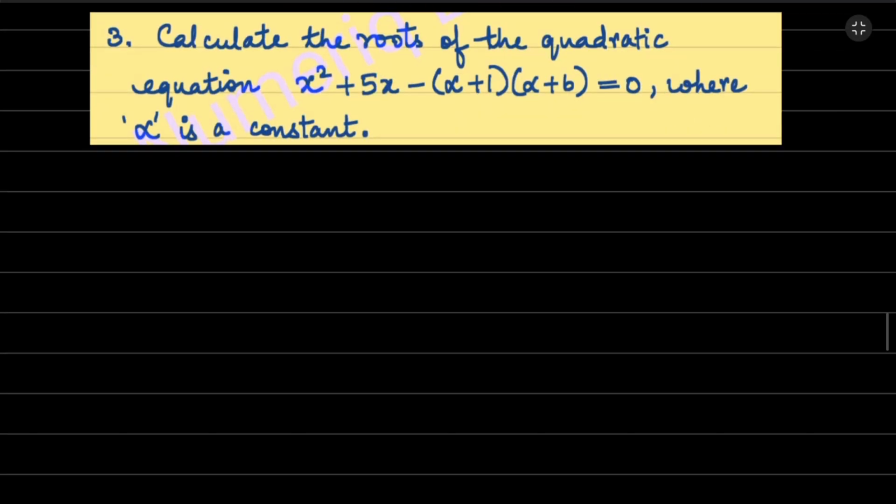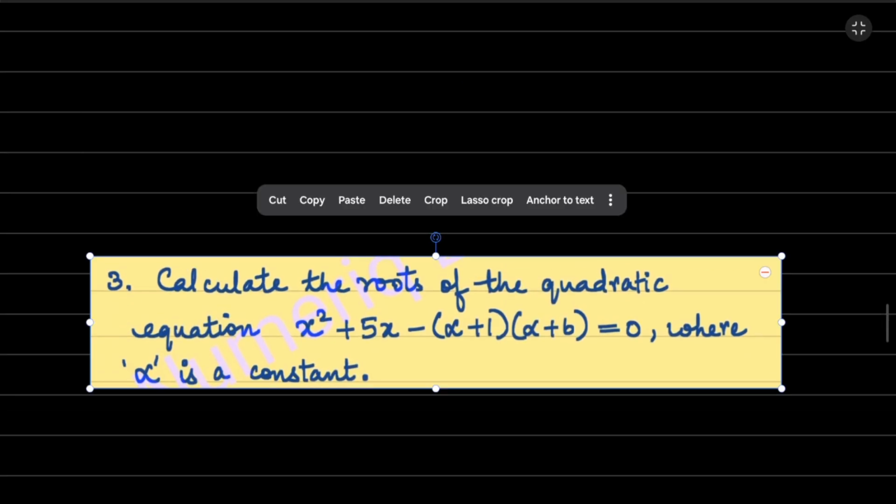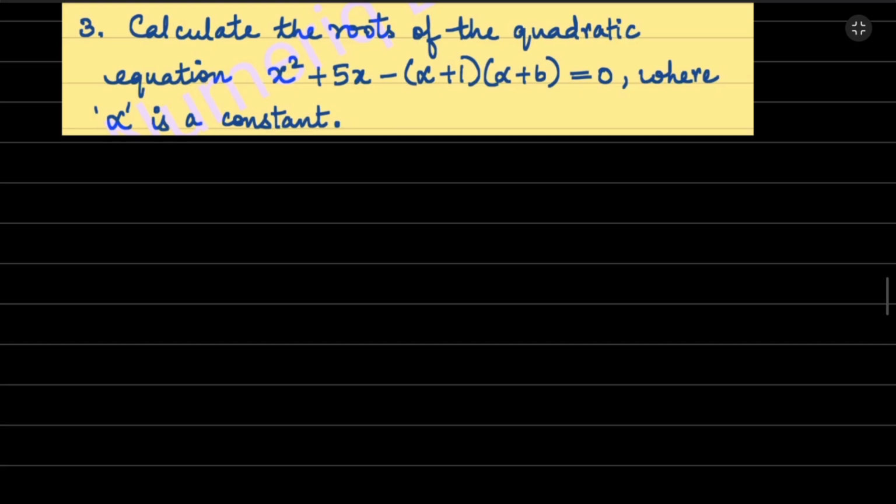Calculate the roots of the quadratic equation where alpha is a constant. Again, a very good question. Let's do it. Here also, let's write the given equation as it is: x square plus 5x minus alpha plus 1 into alpha plus 6 equal to 0.